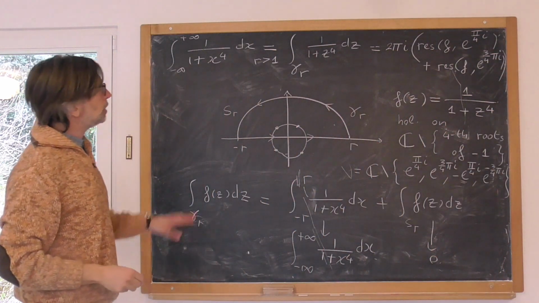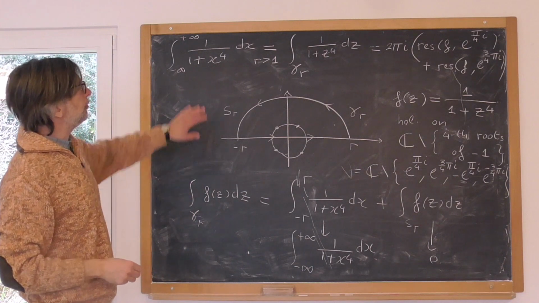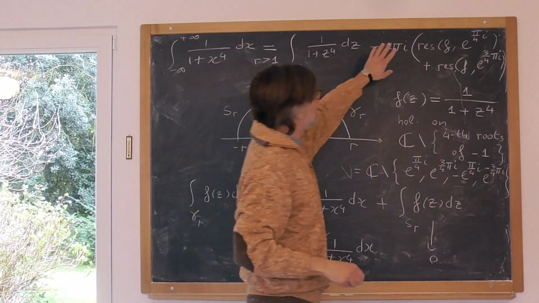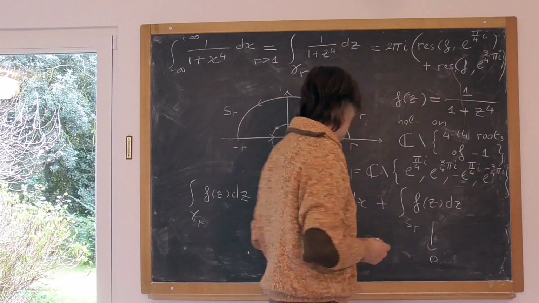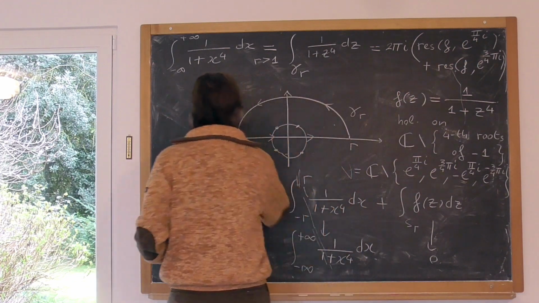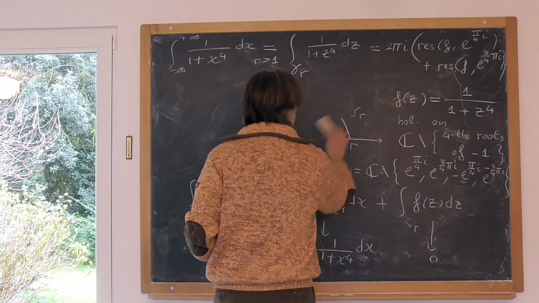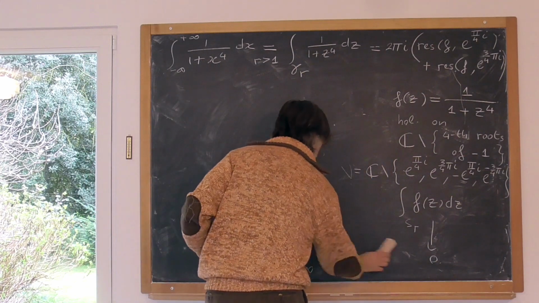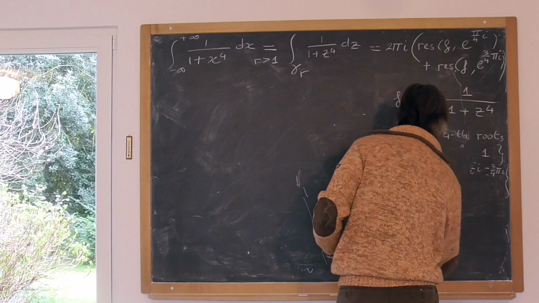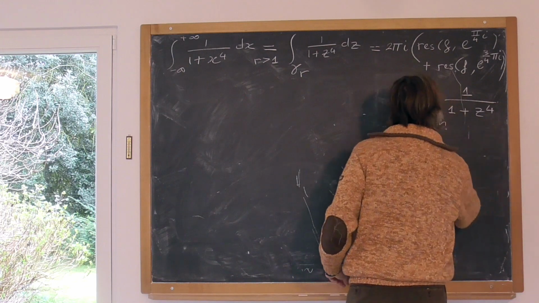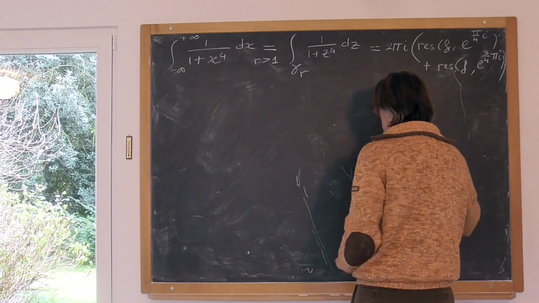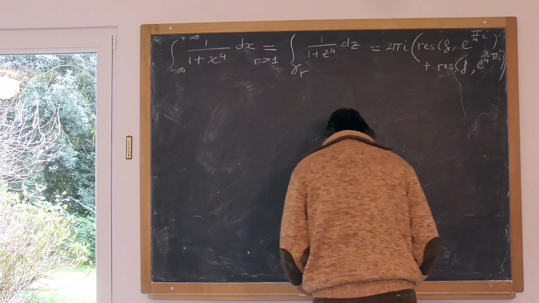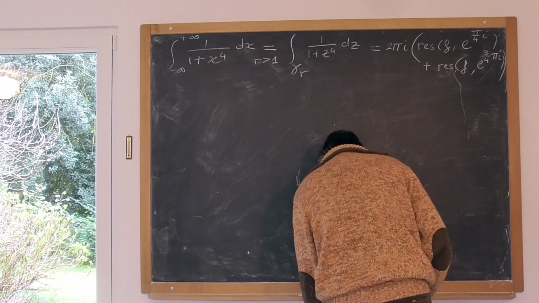Okay? So in order to finish the computation, we just have to compute these two residues. These are residues at simple poles, so you can use the usual formula.